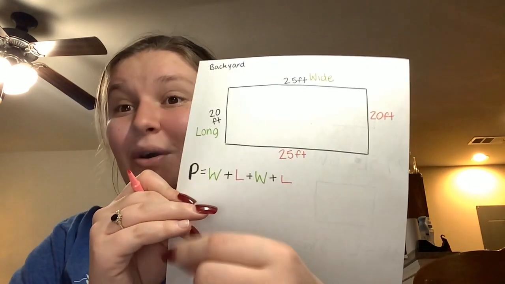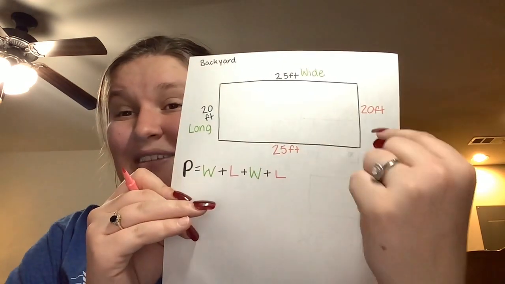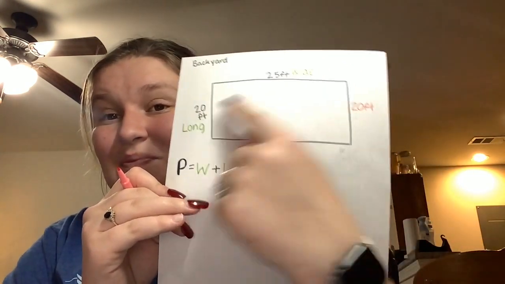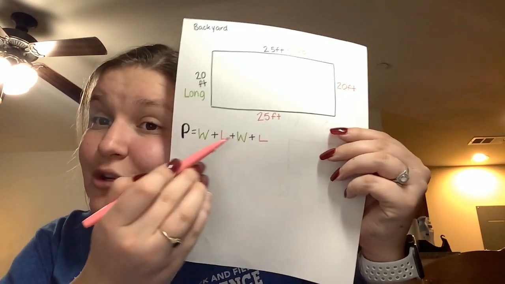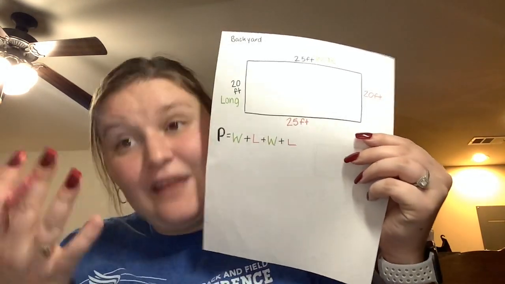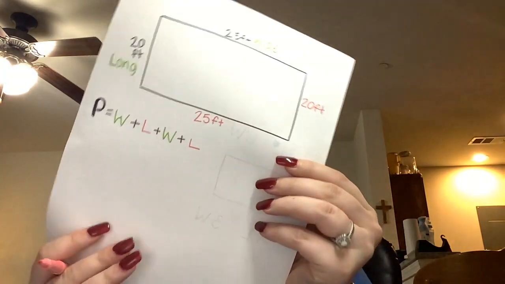Yes, because on a rectangle, the opposite sides are the same. So the two lengths are the same. So we also have two lengths right here, and they're going to be the same. So instead of writing L plus L, we can write two lengths, 2L.